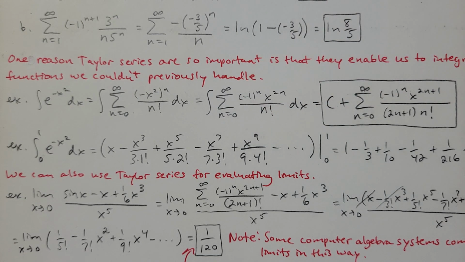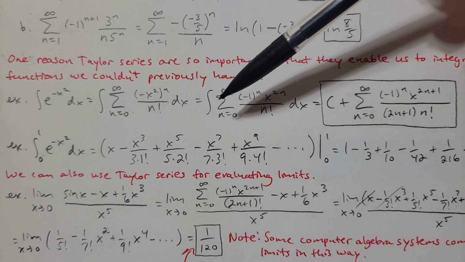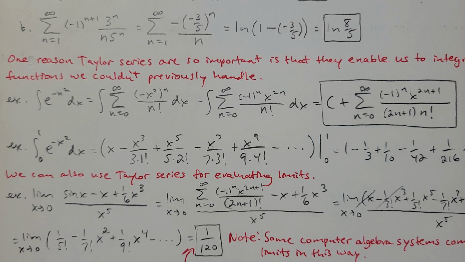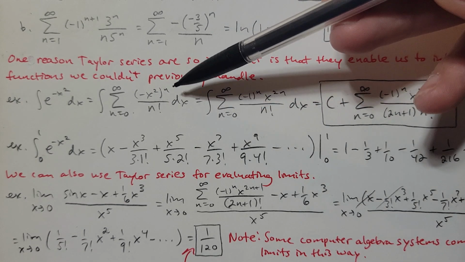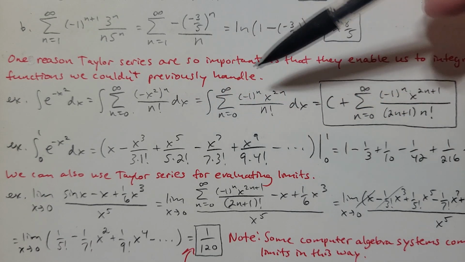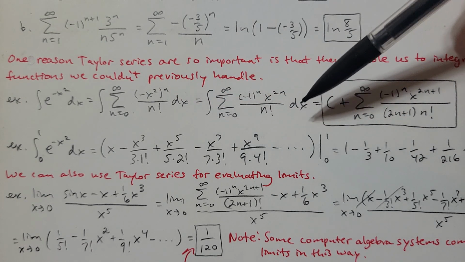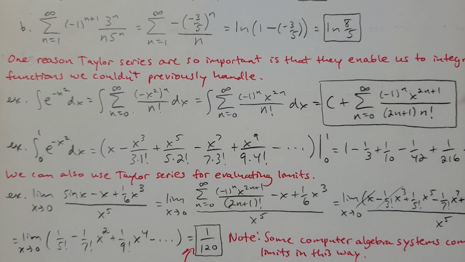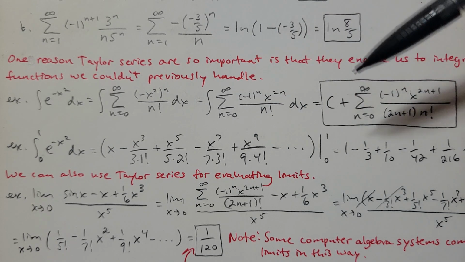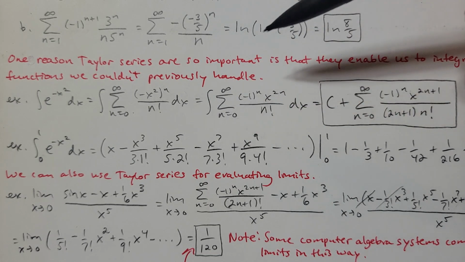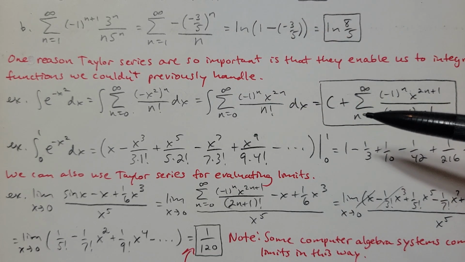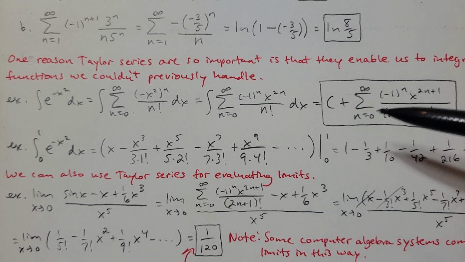Okay, that would be equal to the integral of the summation as n equals 0 to infinity of negative 1 to the n times x to the 2n divided by n factorial dx. Okay, and now I'm ready to integrate this. So I got an indefinite integral, so I need to make sure I remember my plus c's.